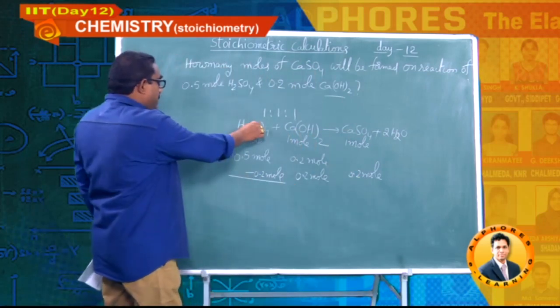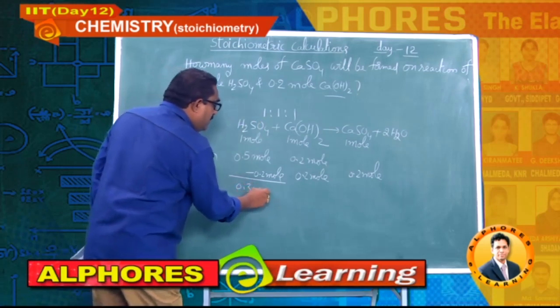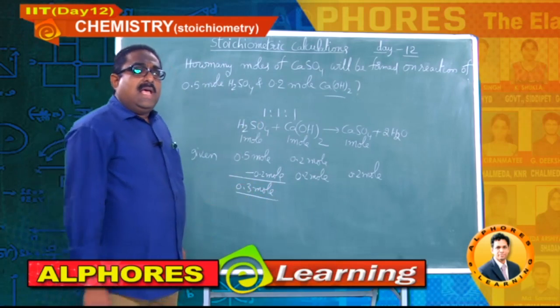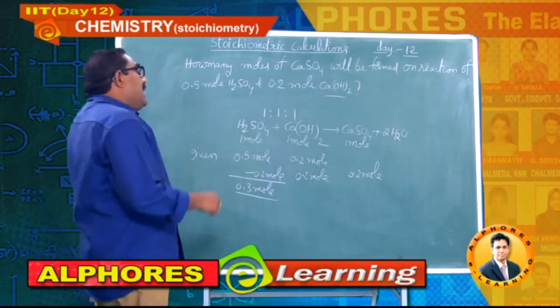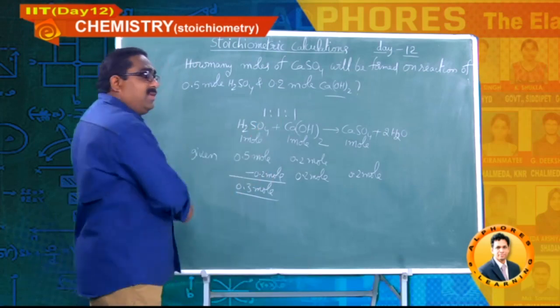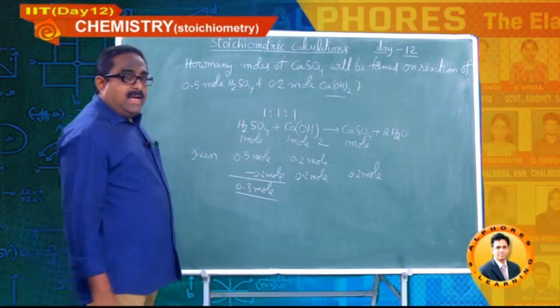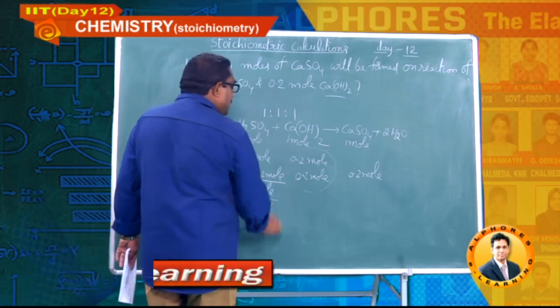But out of 0.5 mole given for sulfuric acid, the remaining is 0.3 mole. It means 0.3 mole of sulfuric acid is left unreacted after the completion of the reaction, because this is not going to be involved in the reaction, and 0.2 mole of this is completely consumed.